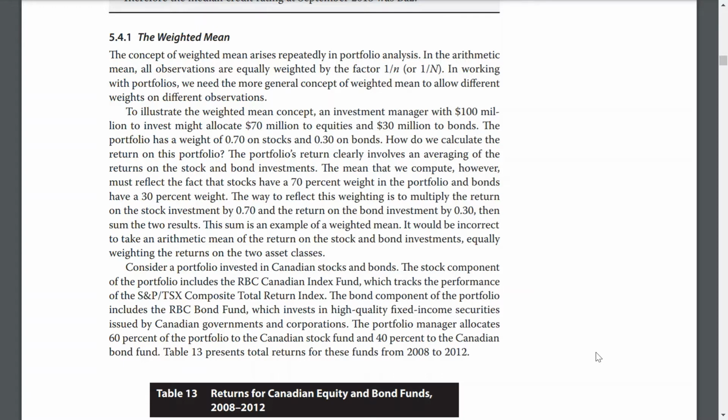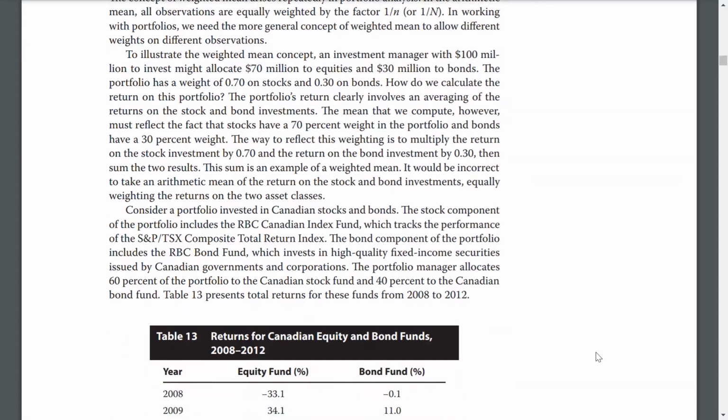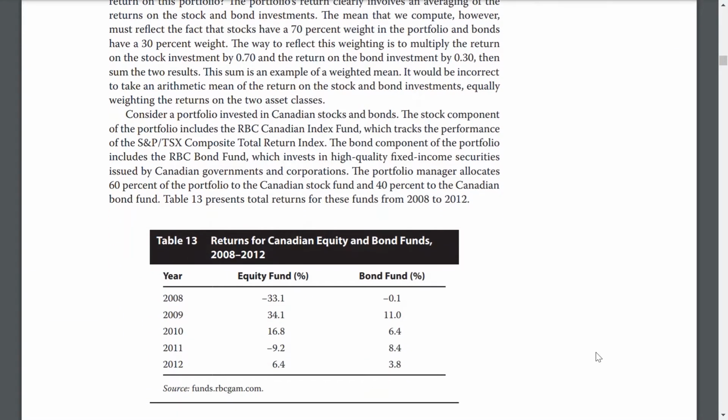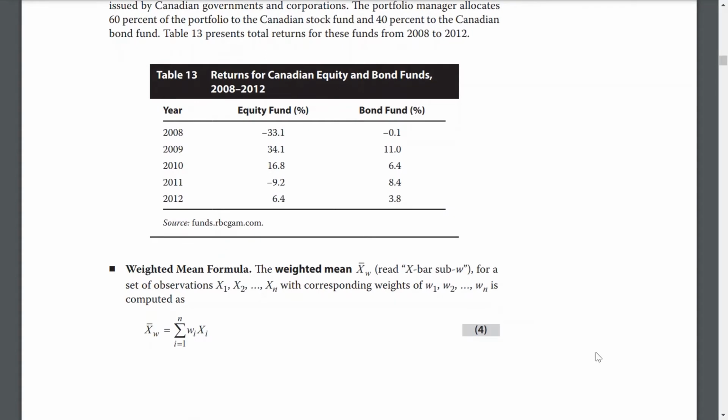The bond component of the portfolio is issued by Canadian governments and corporations. The portfolio manager allocates 60% of the portfolio to Canadian stocks and 40% to Canadian bond funds. Table 13 presents total returns for these funds from 2008 to 2012, returns for Canadian equity and bond funds between 2008 and 2012.